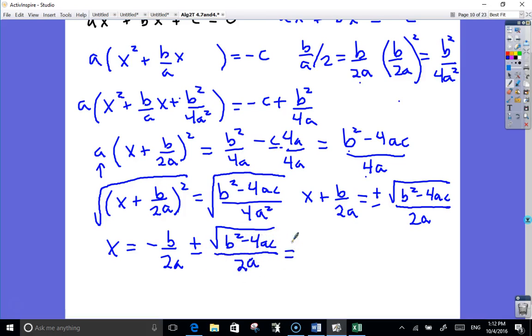And because they're both divided by 2a, the quadratic formula combines all this. It's negative b plus or minus the square root of b squared minus 4ac all over, this fraction bar is underneath all of that, 2a. That's the quadratic formula.